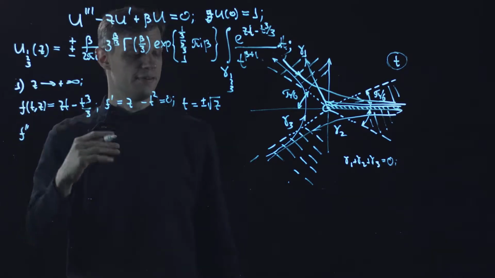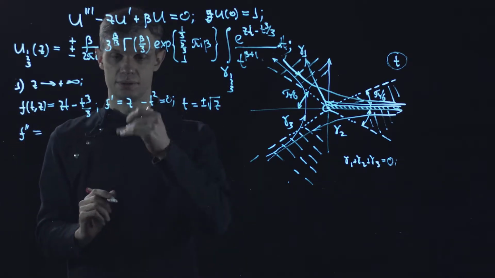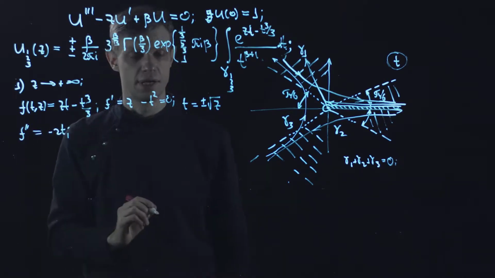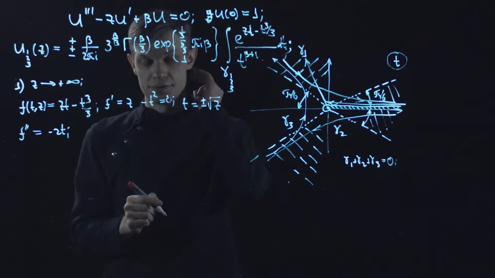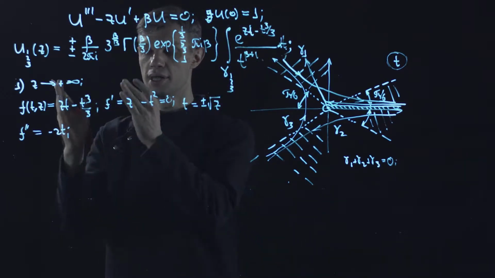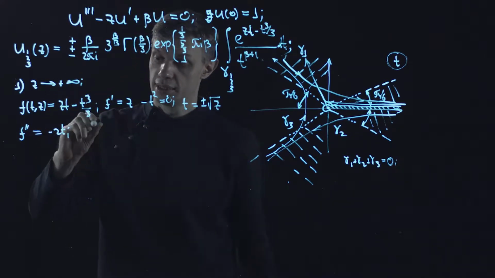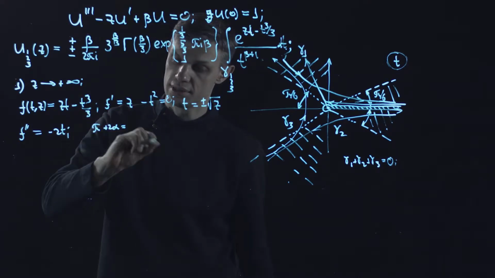So we define the steepest descent directions, which are given by the second derivative. For t equals square root of z, the argument of the second derivative is pi, and the steepest descent direction equation is as follows.